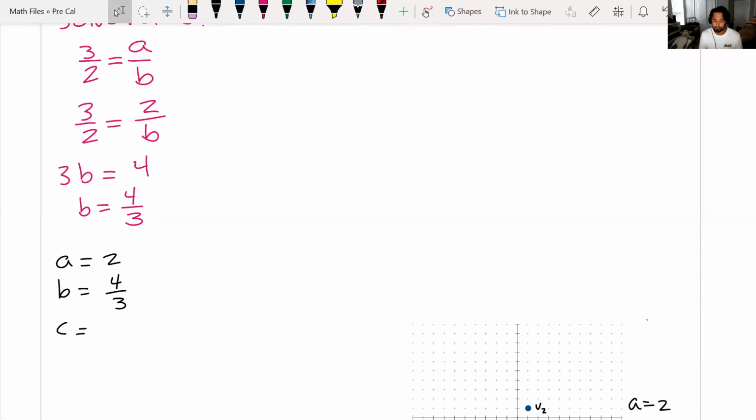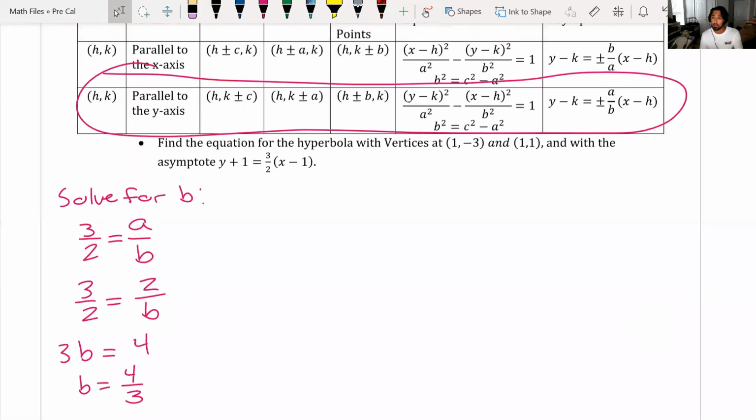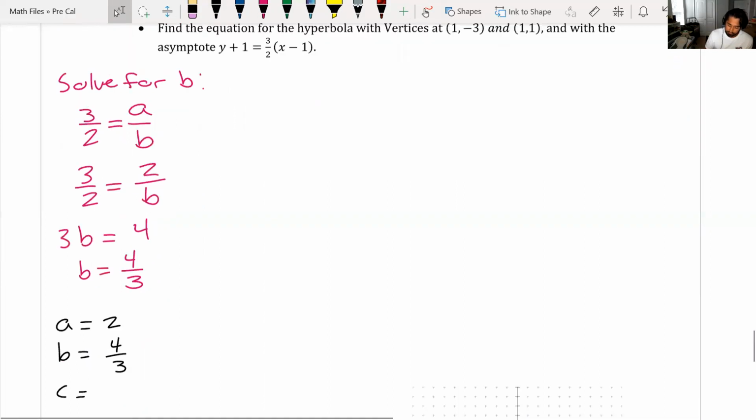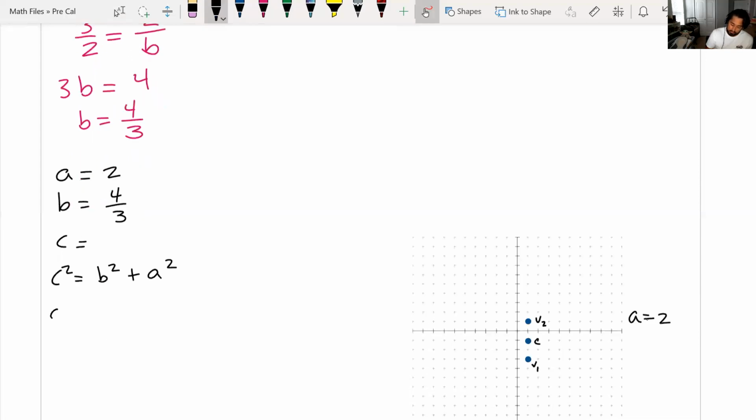Once again, use that formula, b squared equals c squared minus a squared, rearrange it for c, and you get c squared equals b squared plus a squared. And we get c squared is going to be b squared, which is 16/9, plus a squared, which is 4.